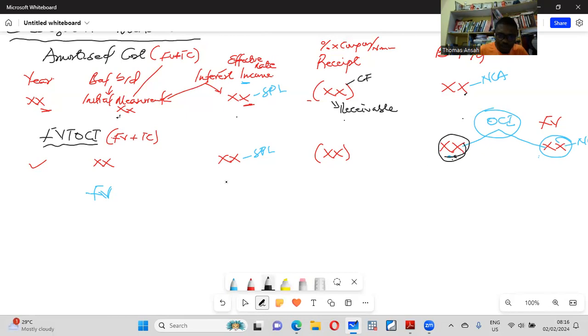So the interest income for the second year will be the effective rate multiplied on the balance carried down, not the fair value. Not the fair value that you brought down here. No, it will be the balance carried down that should have come here.